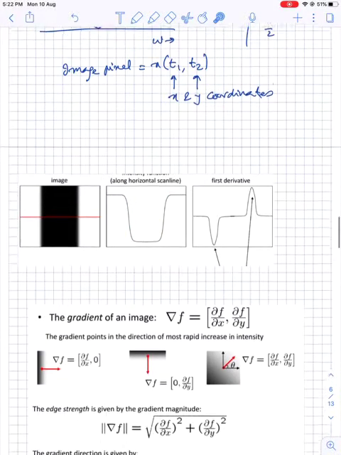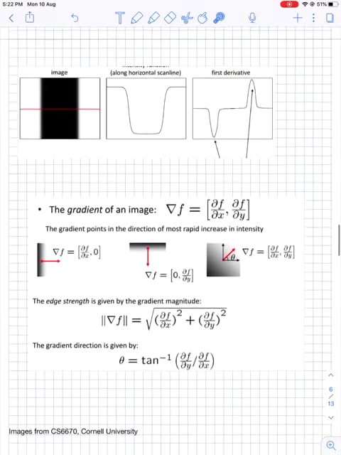You can also represent the gradient of an image in this way, because the image is a two-dimensional function. You will have two partial derivatives, dou f by dou x and dou f by dou y: the derivative with respect to the x axis and the derivative with respect to the y axis.